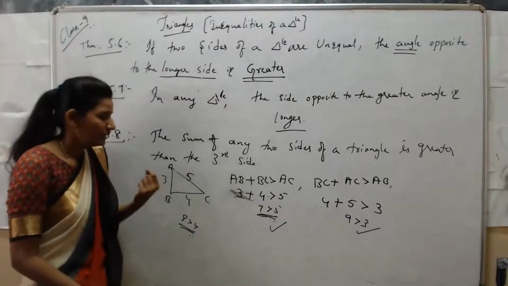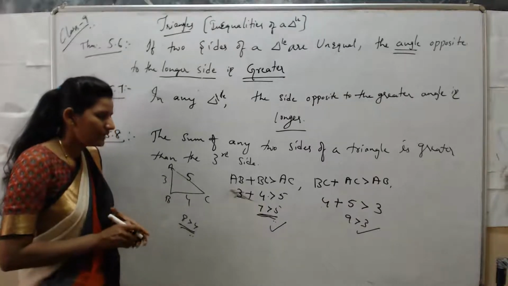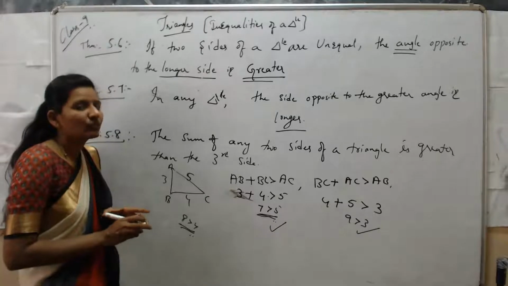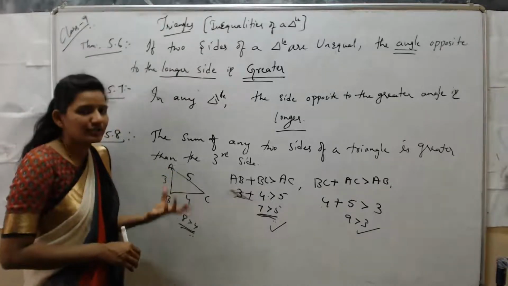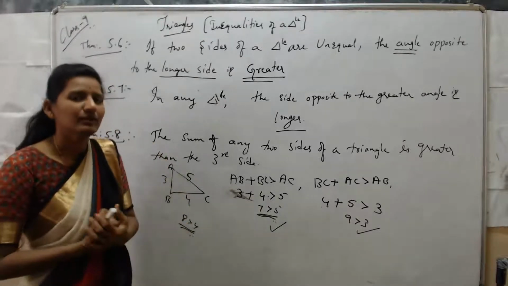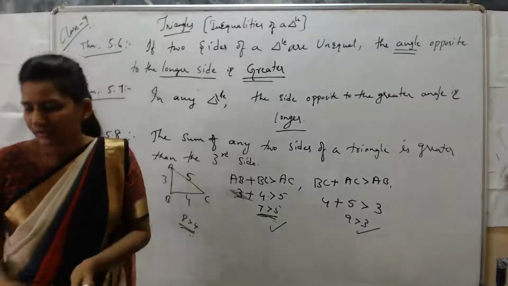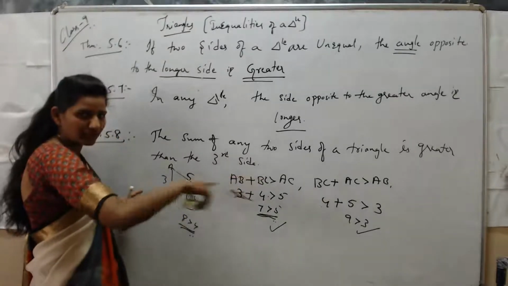If there is a triangle, then if you add any two sides of the triangle, the sum should be greater than the third side. Did you understand this?